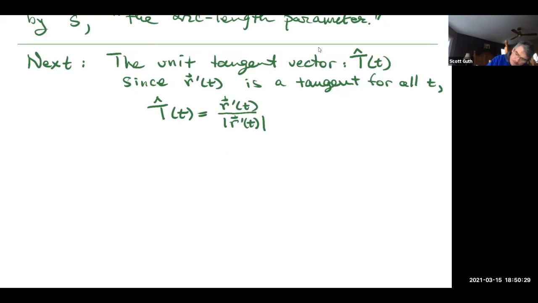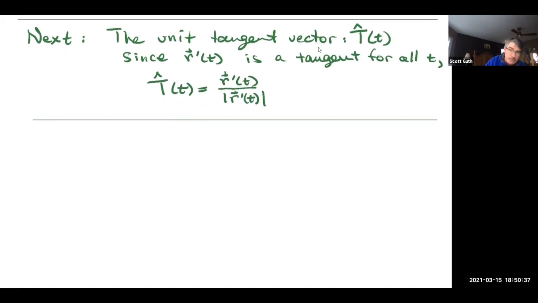So for the example, and the unit tangent is going to be instrumental in determining what curvature is.